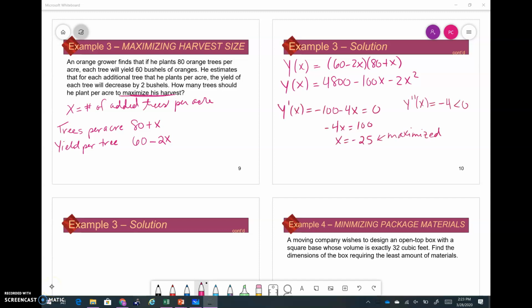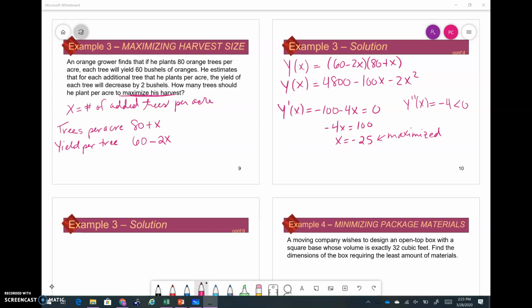All right, so if you take the derivative and set it equal to 0, you end up with x equal to negative 25. Taking the second derivative shows you that y double prime is equal to negative 4, which is negative. So we've shown that we do have a maximum value at x equal to negative 25.